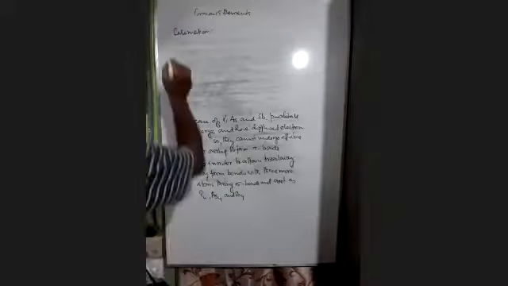Catenation is the ability to form chain, where many atoms can join with each other. Okay, this is called catenation. See, carbon can form chain with thousands and thousands of atoms.